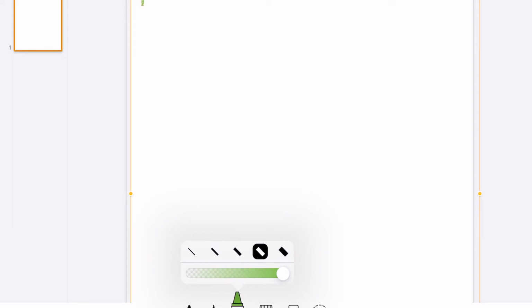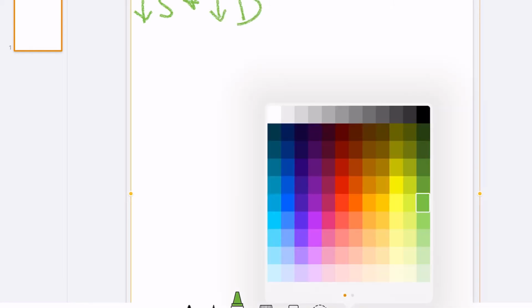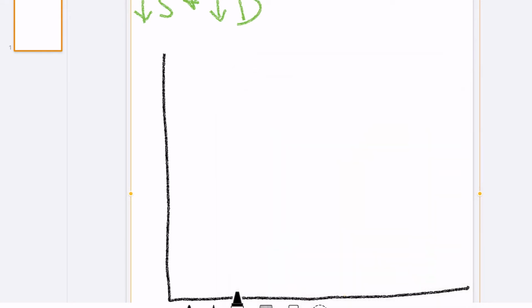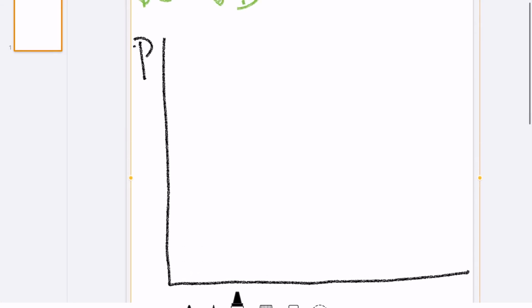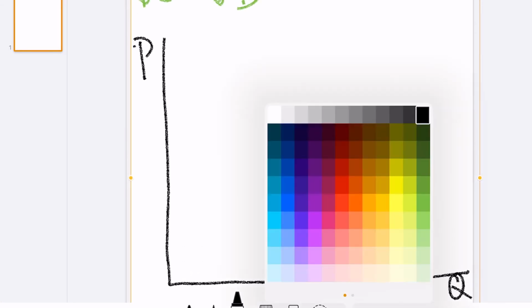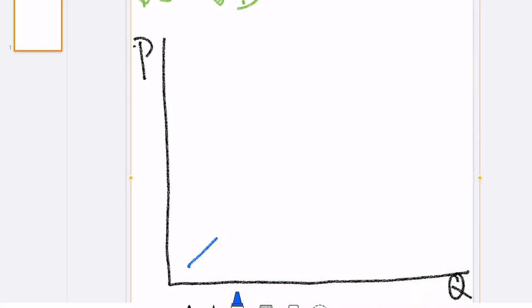This next one is going to be a double shifter, and it's going to be a decrease in supply and a decrease in demand. So first thing is to draw your graph. You have your P, and then you have your Q. Then I'm going to draw supply to the sky, call it S1.